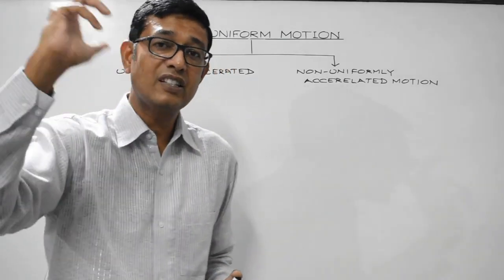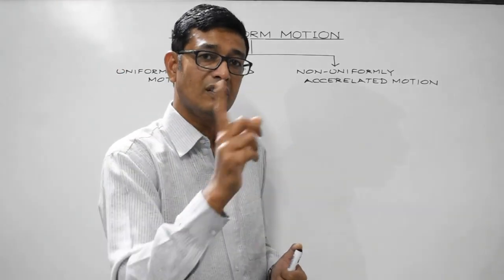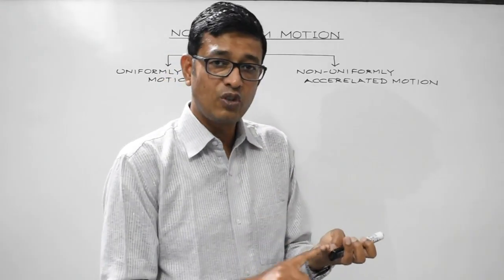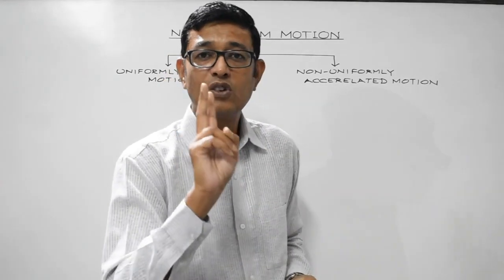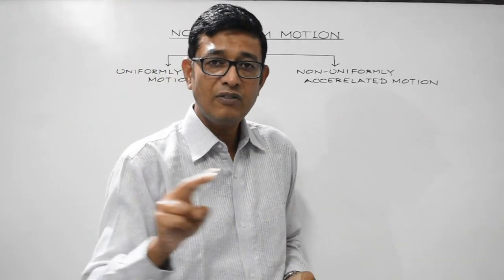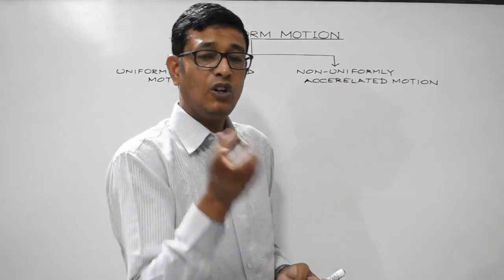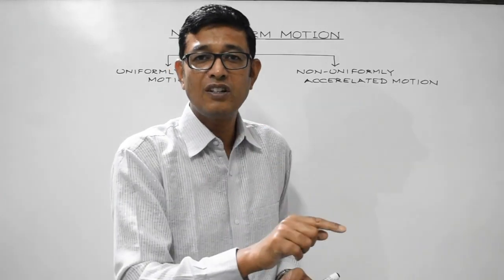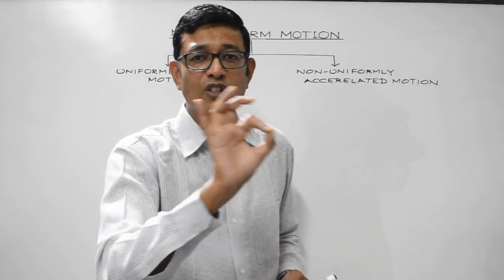Velocity, remember, is a vector quantity, having magnitude and direction. So when I say velocity remains constant, it means its magnitude and direction both should remain constant for uniform motion. While in the case of non-uniform motion, the velocity is not constant.